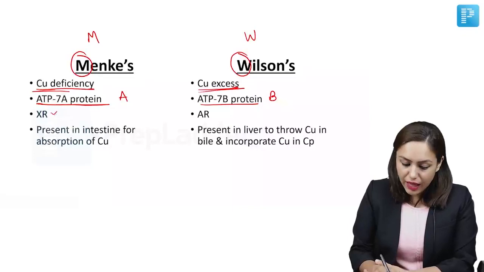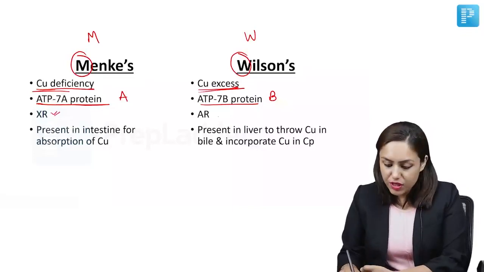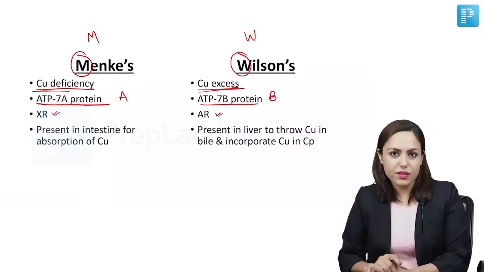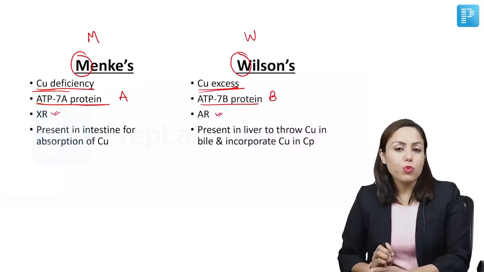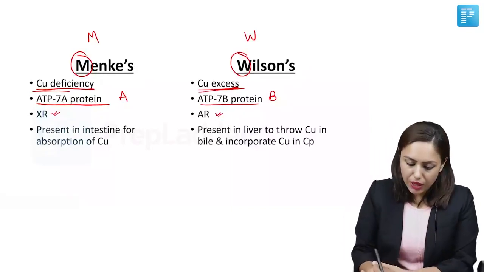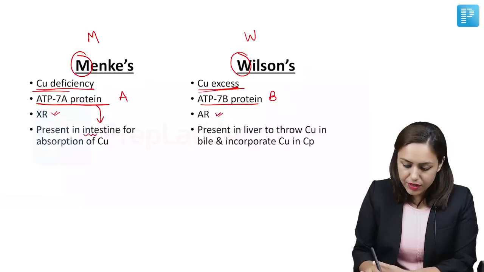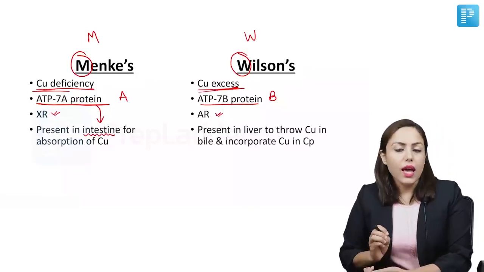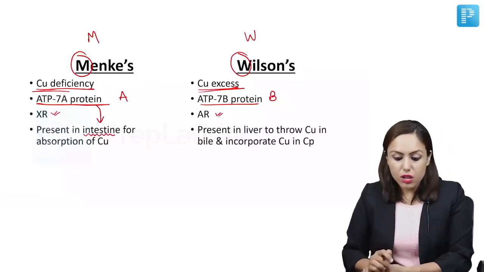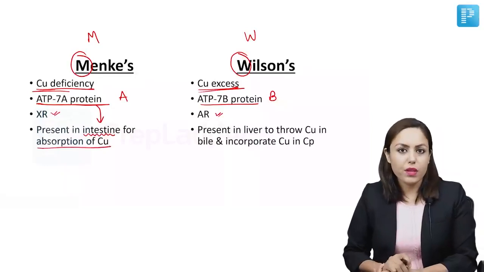Okay, let's do the other differences now. Menkes disease is X-linked recessive. Wilson's disease is autosomal recessive. Then the protein which is deficient in Menkes disease is present in the intestine, and in the intestine its work is absorption of copper, right?